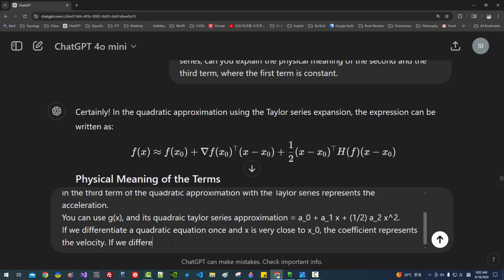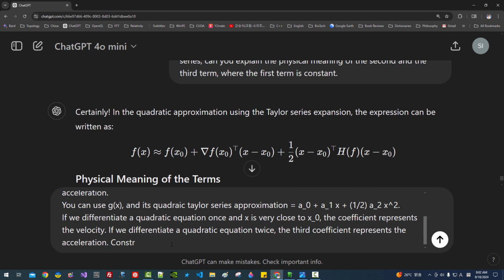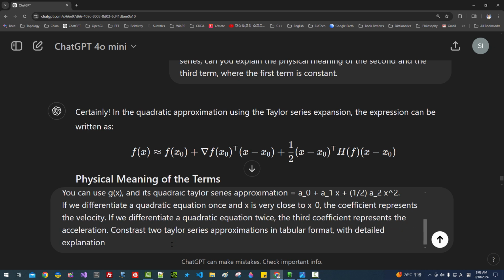If we differentiate a quadratic equation twice, then the third coefficient represents the acceleration. Contrast to Taylor series approximation in tabular format with detailed explanation.